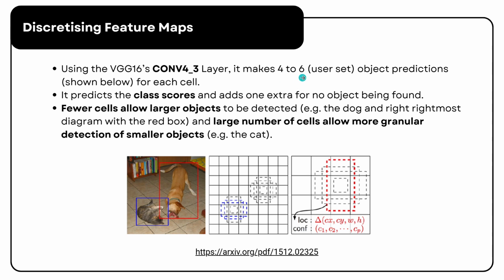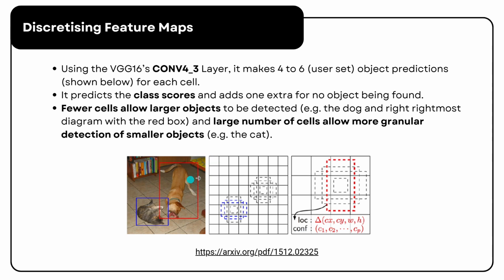Each of these cells is responsible for predicting a fixed number of potential object detections, typically 4 to 6 per cell. Each prediction includes class scores, so what object is in the cell, an extra score for no object, as well as bounding box offsets for localization.